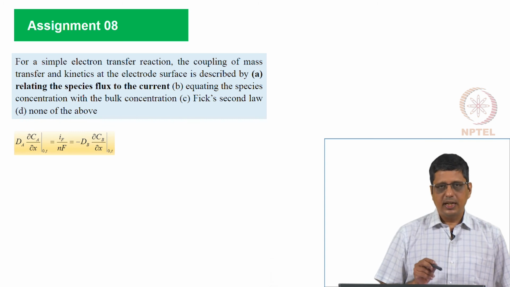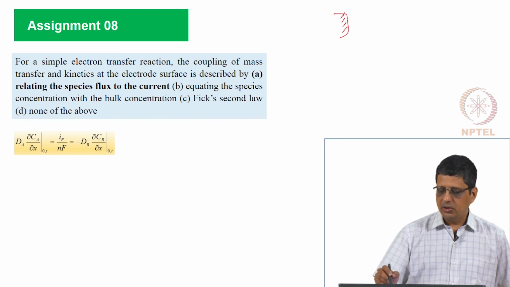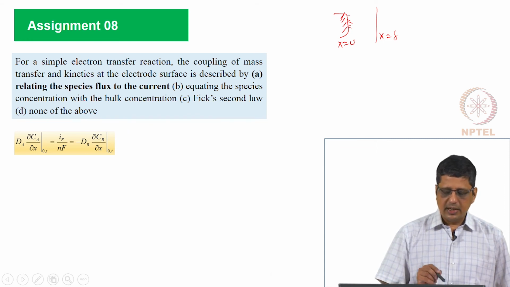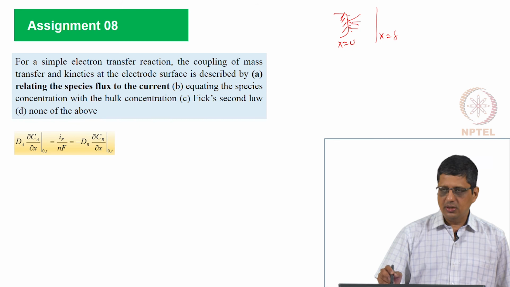Next, for a simple electron transfer reaction, when we couple mass transfer to the kinetics at the electrode surface, that means we have an electrode surface, we have a boundary layer here, x equal to 0, x equal to delta. At this surface, the coupling between mass transfer and kinetics is given by the equation which relates the flux to the current, the active species flux to the current.